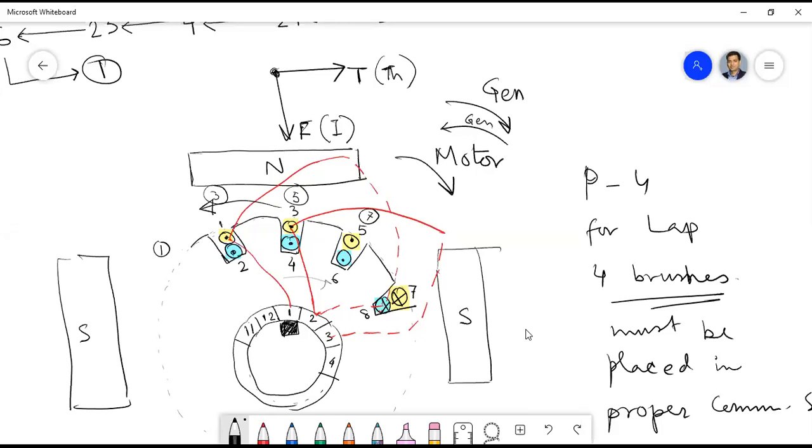Because direction of magnetic field has changed? Direction of magnetic field hasn't changed for one particular slot. Now direction of main magnetic field, that is due to the north pole, south pole, etc., that hasn't changed. Now, if that cross current in the 7 doesn't change at the next instant, what will happen?